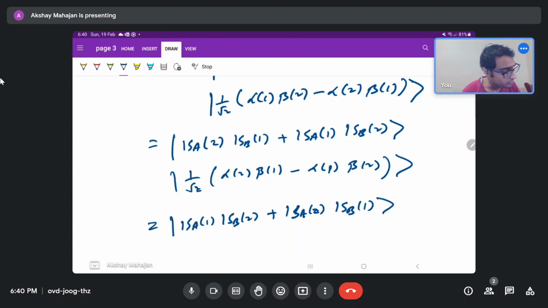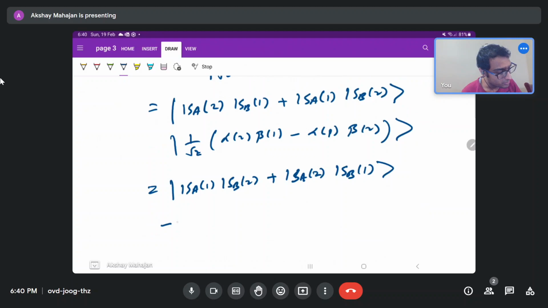This is our phi plus only. And this will give me a minus times minus 1 times 1 by root 2 (alpha 1 beta 2 minus alpha 2 beta 1).